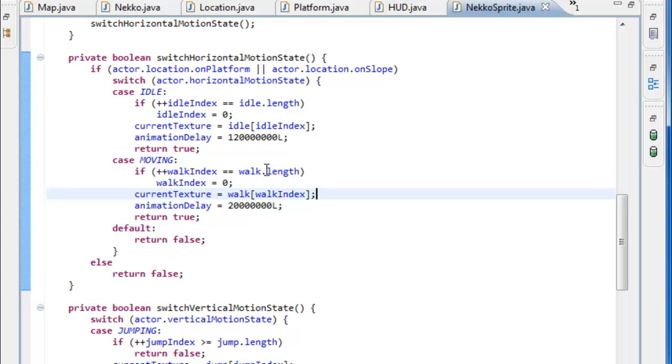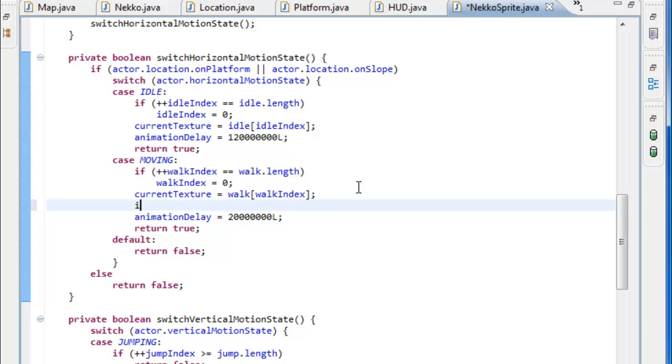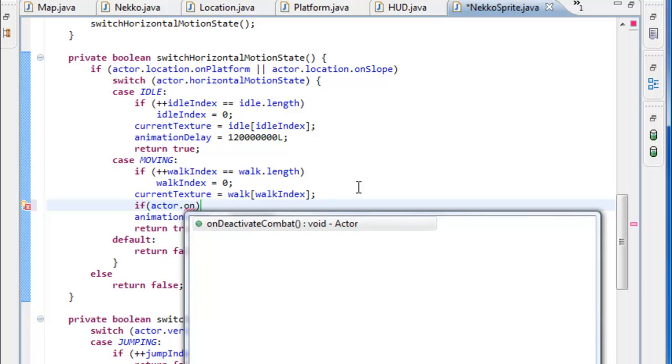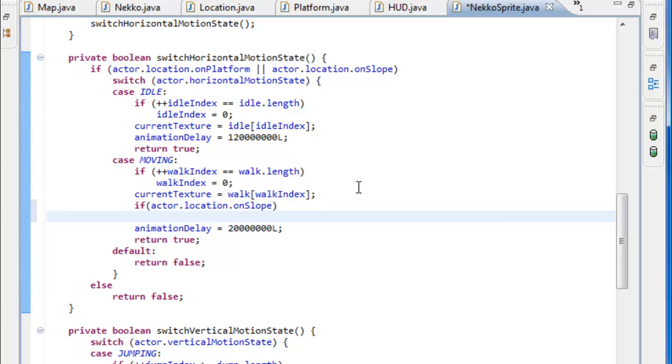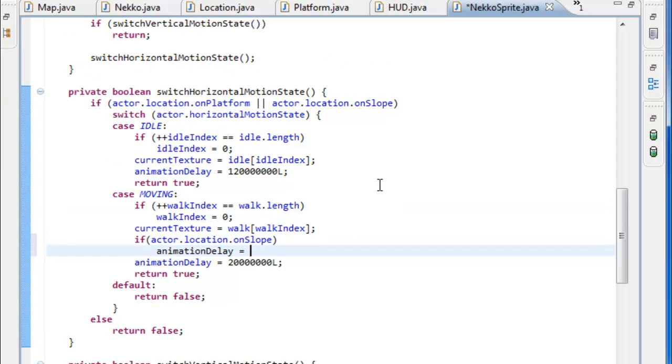Now, if we are moving, we're not just going to set the animation delay to 2.0. We're going to slow it down if we're on a slope. So if actor dot on slope, we're going to set our animation delay, slow it down a little bit, equal to twice this.